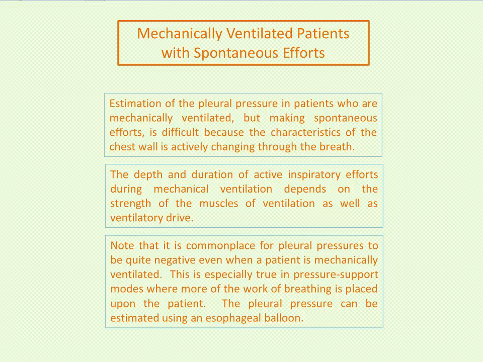So it can be commonplace for intrathoracic pressure or pleural pressure to be very negative even when the patient is mechanically ventilated. And I think this concept is lost on a lot of house staff. It's just assumed that if the patient is tubed and mechanically ventilated, then intrathoracic pressure is always positive, and that's not necessarily the case, and this can even vary widely in any given inspiratory-expiratory cycle.